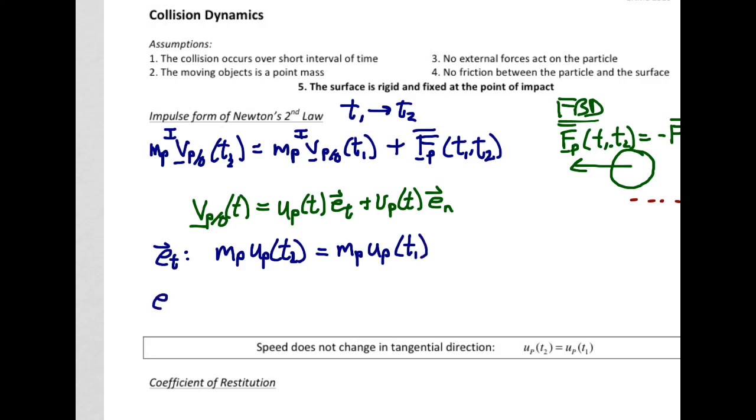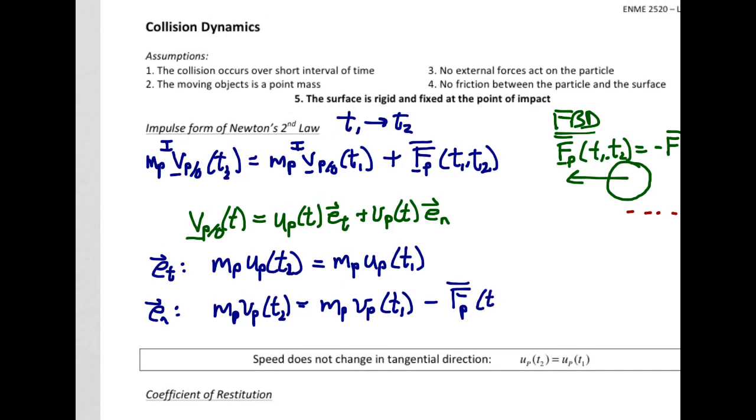And then in the e_n direction, we get mass of P, v_P at time 2 is equal to the mass of P, v_P at time 1, minus the magnitude of our impulse from time 1 to time 2.